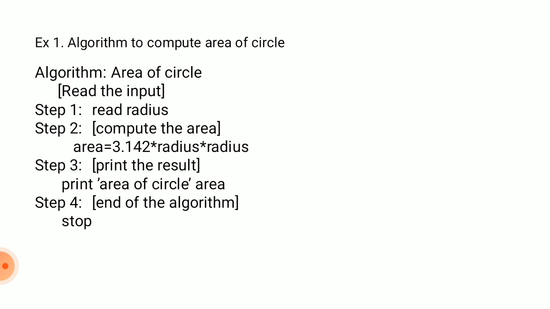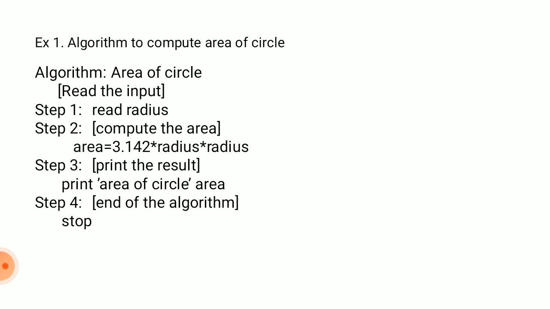We only know the constant value pi, 3.142. What we don't know are the input and output. The input we have to give to the computer, it processes, then it gives the result to the user, correct?